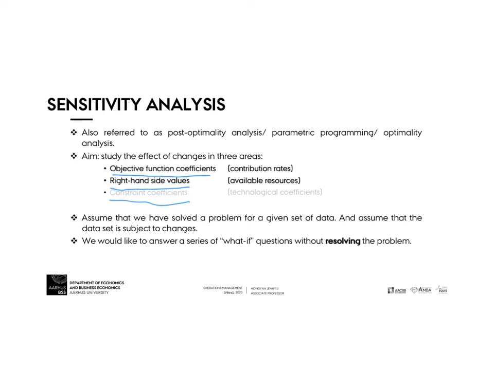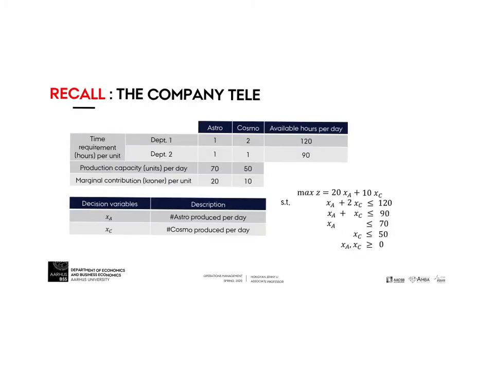Sensitivity analysis does not require you to resolve the problem. We look into the problem data and further information from Excel Solver, and then you can make a judgment. Here we use a complete case to introduce the sensitivity analysis method.